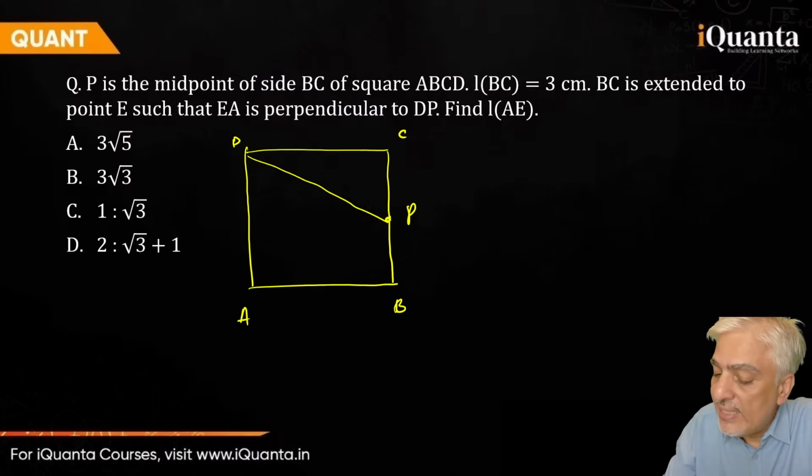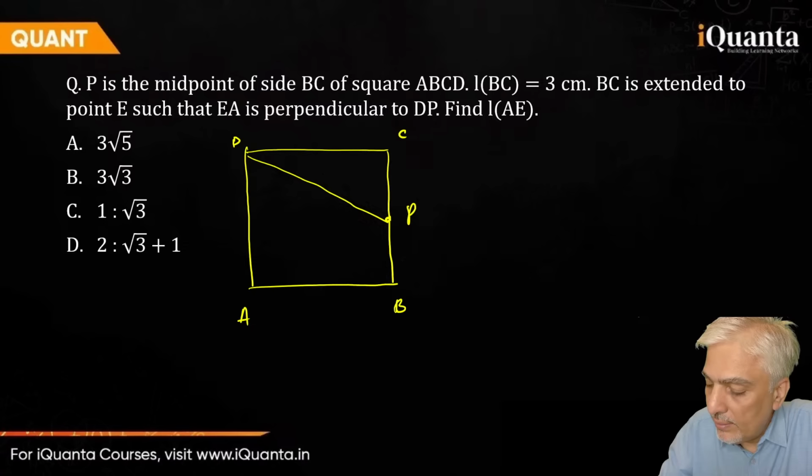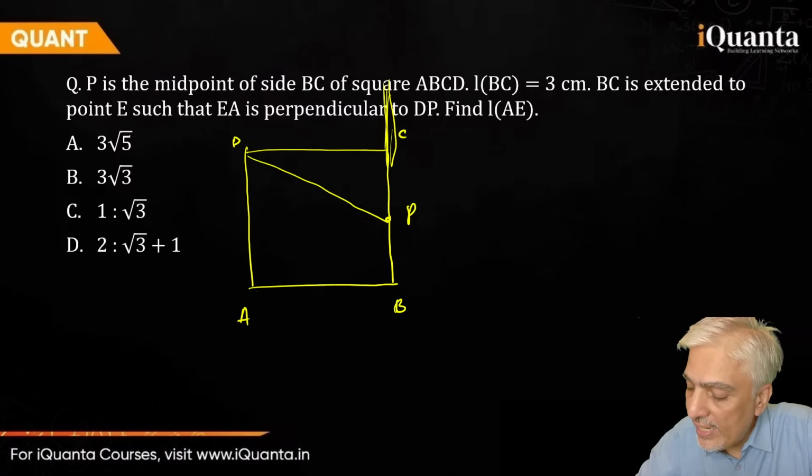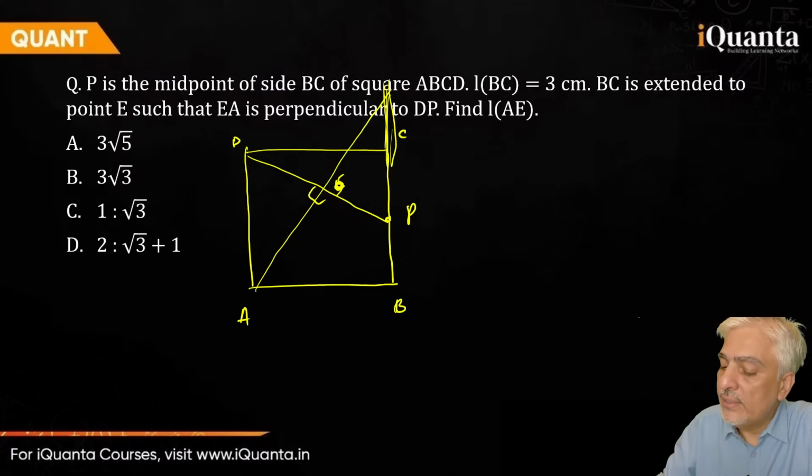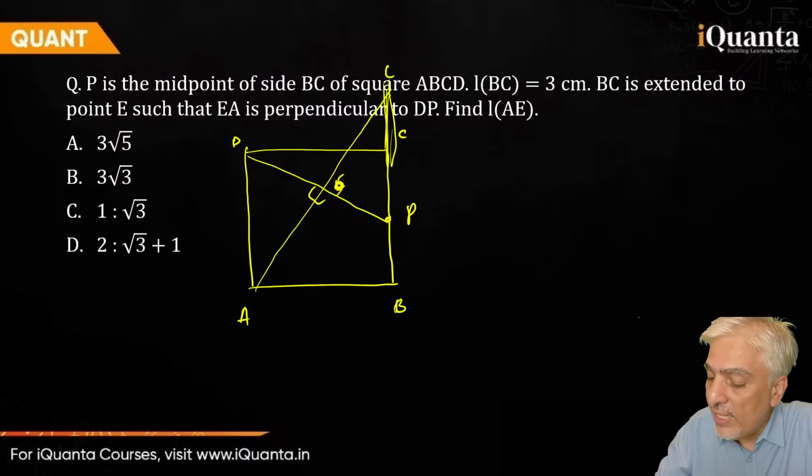What is extended? BC is extended, such that EA is perpendicular to DP. So E is approximately here.